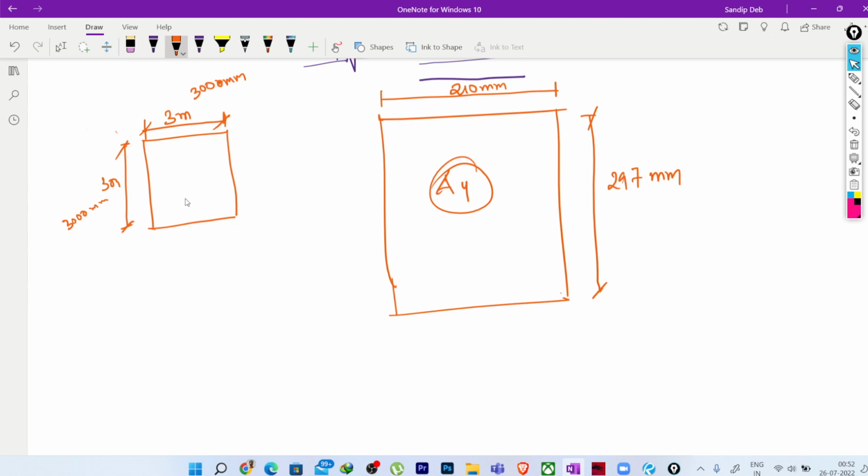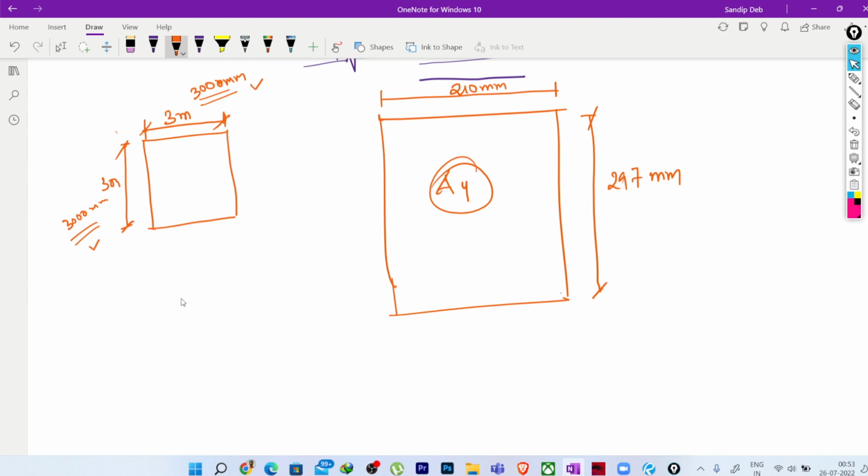So what to do? We can reduce this dimension, but when we are reducing this dimension, the same reduction should be made in this side also, right? So that the similarity will be maintained. Okay, so how we can do that?